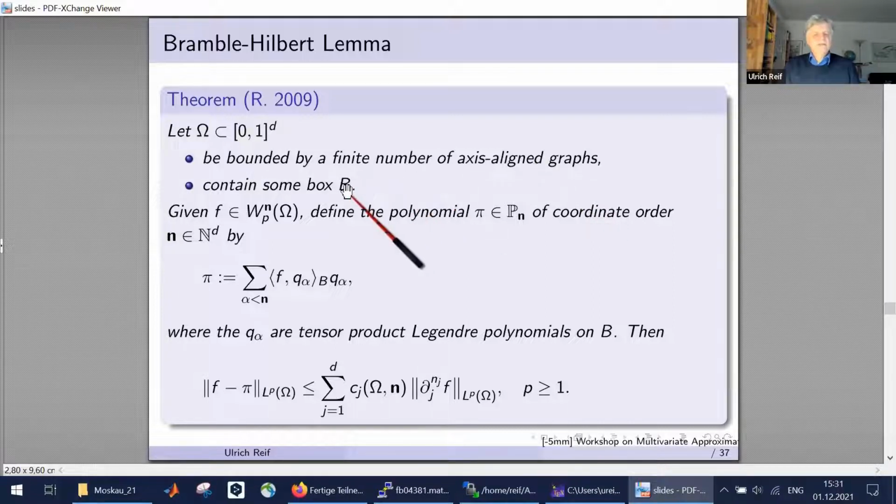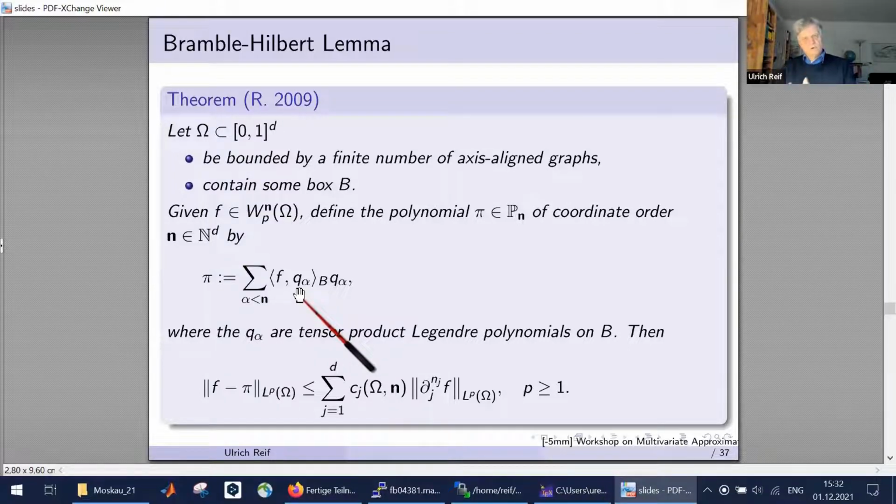And the second ingredient, your domain has to contain some box B of non-zero size. In this case, we can define the approximating polynomial explicitly by simply finding the best approximation in the L2 sense on the box B and showing that this best approximating polynomial on the box B also provides a good error estimate on the whole domain.